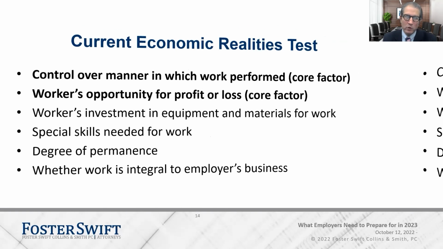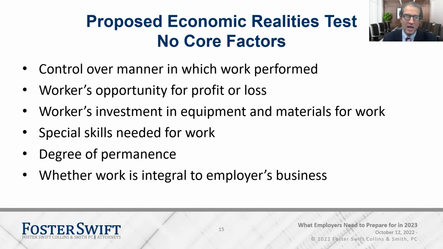Now, the new proposed test is largely the same. However, those first 2 factors are no longer core factors. There's no automatic weighting of those first 2 factors more than others. Under the old rule, in some cases, those first 2 factors were dispositive, meaning kind of the whole shooting match was over once those 2 factors were established.